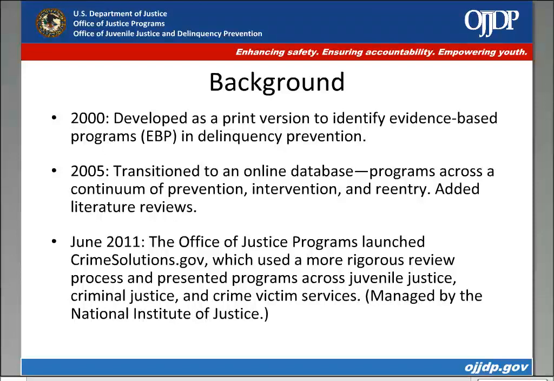It had higher bars, higher standards for the evidence and how to review that research evidence, and what made it in. It also expanded the breadth because this is for the entire Office of Justice Programs, which is not just juvenile justice, and now it included things like adult programs, criminal justice programs, as well as victim services.